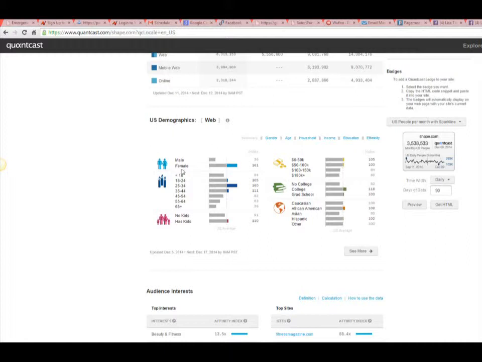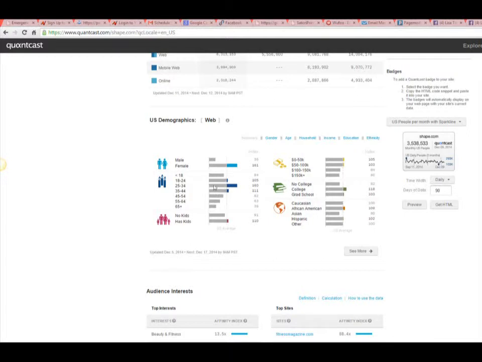You're targeting females, so the demographics are more female. And then you're looking at the age range, so 25 to 34. You might do that. You can even group it as 18 to 44, but I would probably stick around this age group.